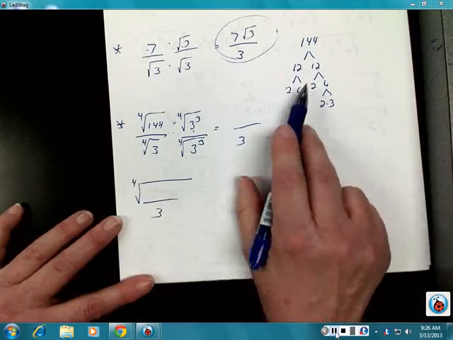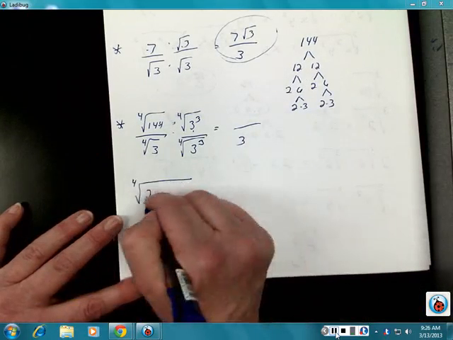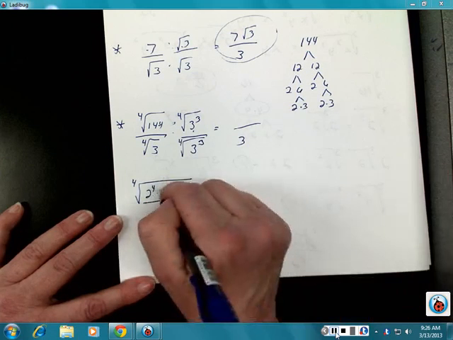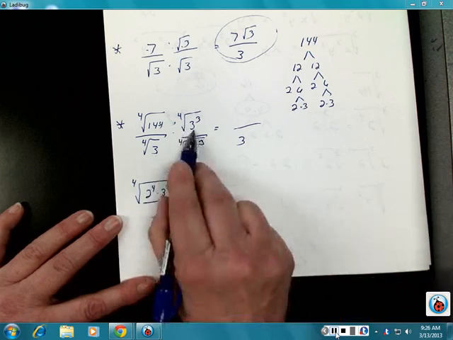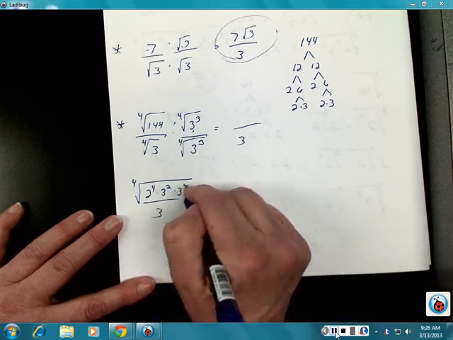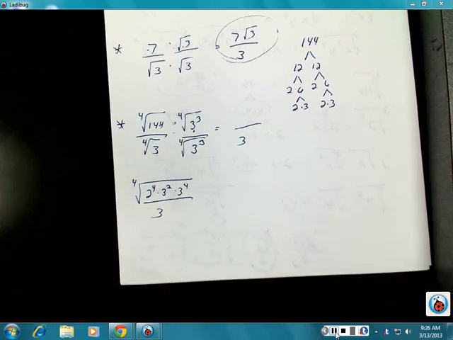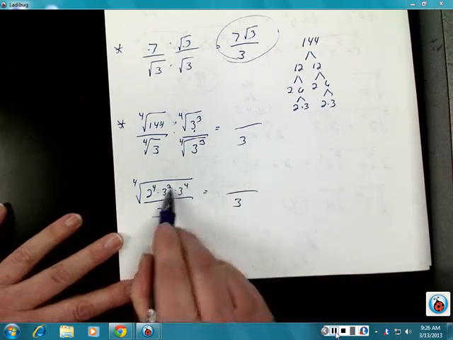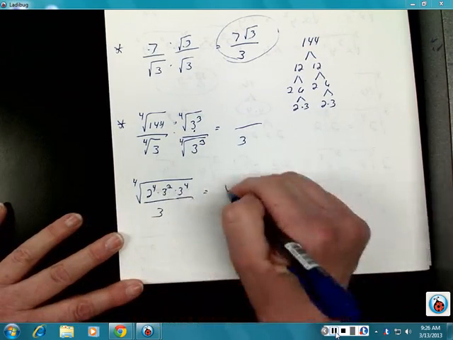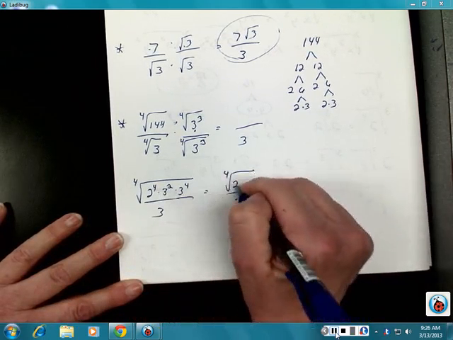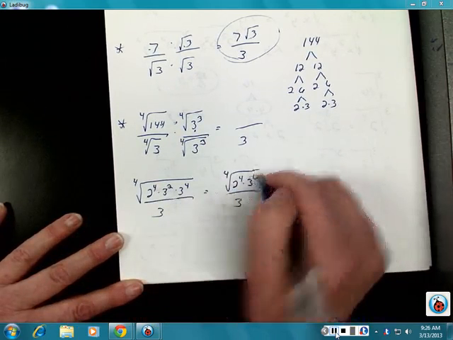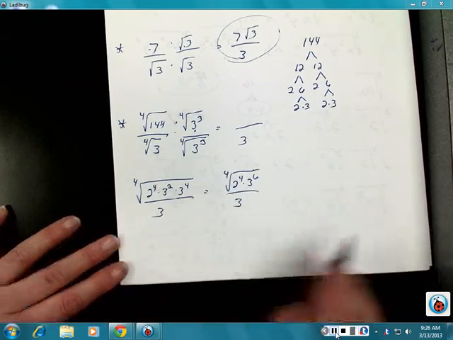Fourth root, 1, 2, 3, 4 2's, 1, 2, 3's, but then I got this thing out there. So what can I yank out of that? Can I pull anything out of there? Well, I'll put these guys together. That gives me the fourth root of 2 to the 4th times 3 to the 2 plus that is 6.